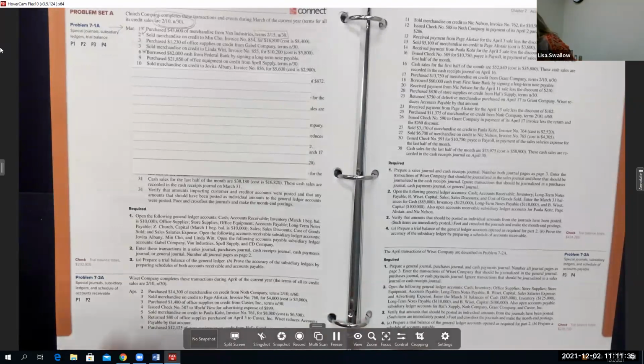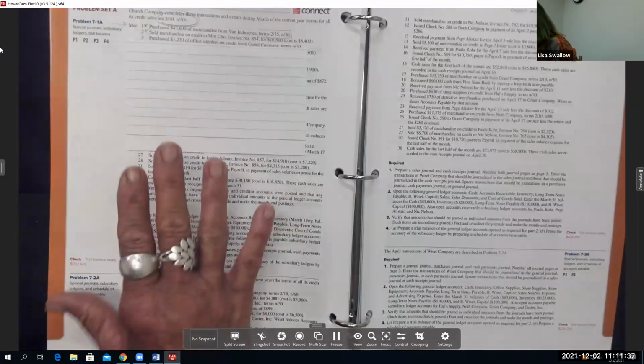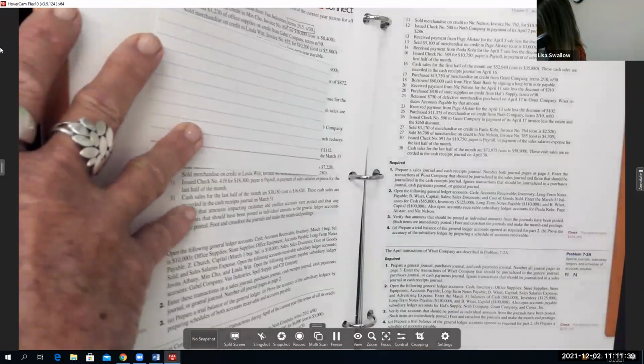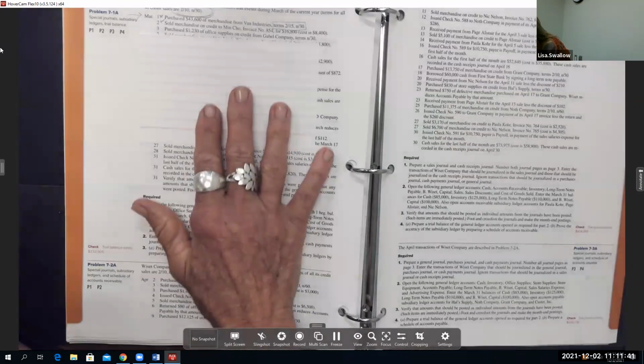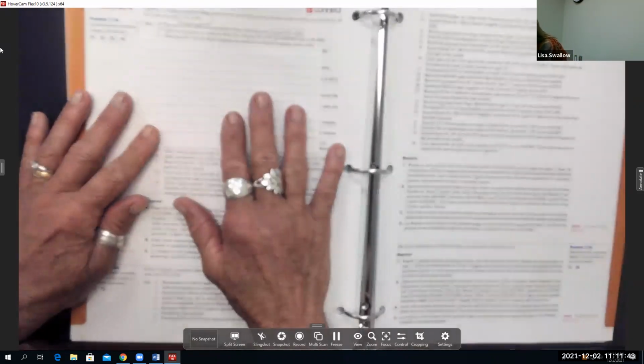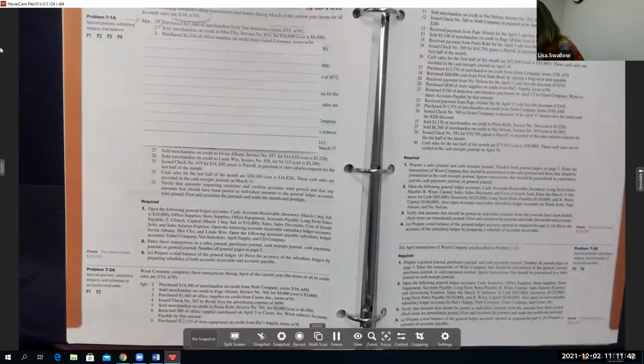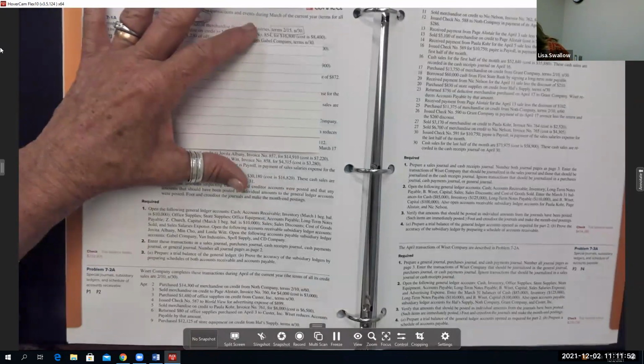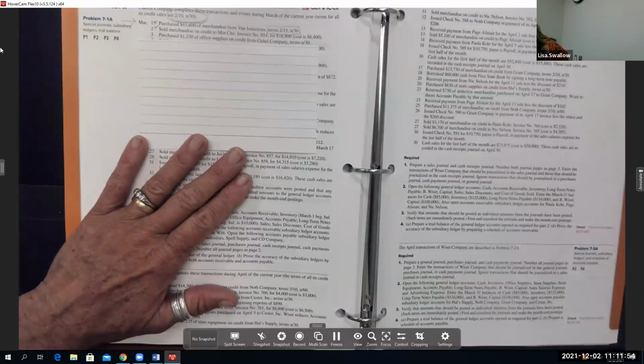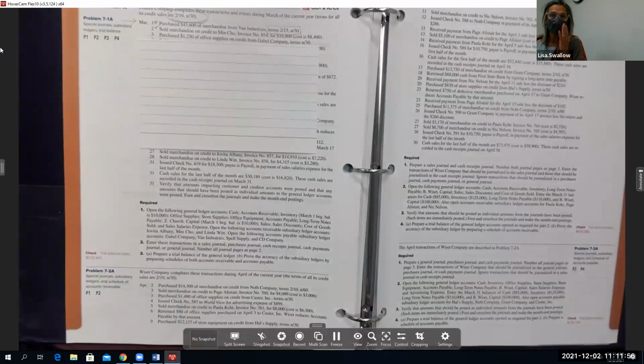So I'll start with Lance. Purchased 1,200, and I've got my 4 journals sitting here to use. I purchased $1,230 of office supplies on credit from Gable Company, terms net 30.